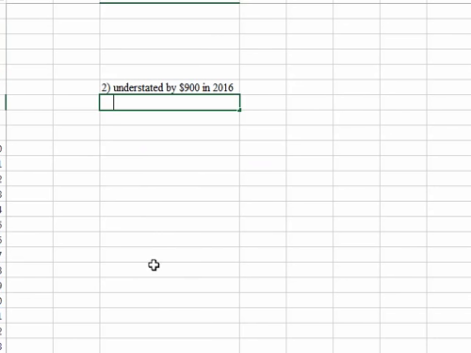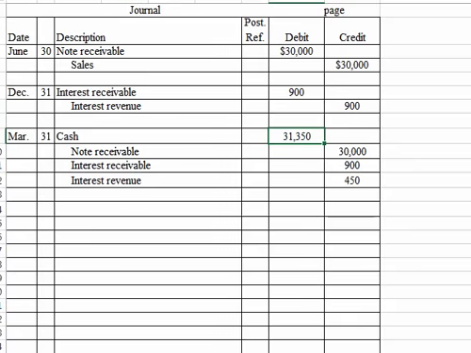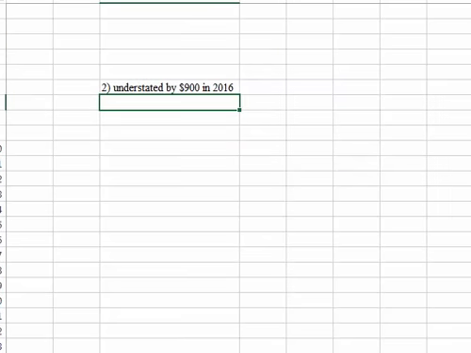So I'm going to come over here. Okay, so if we didn't make this adjusting entry, then we would have been leaving off interest revenue of $900 in 2016. So in 2016, income would be understated by $900. That means all of that revenue would have gotten recorded in 2017.